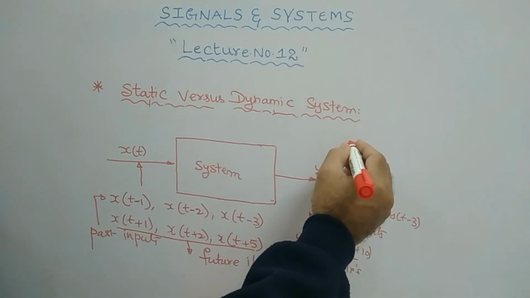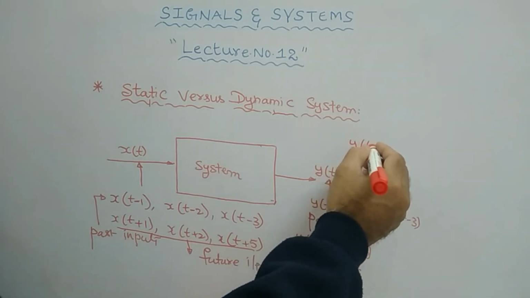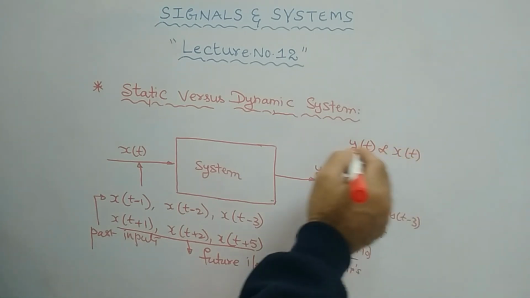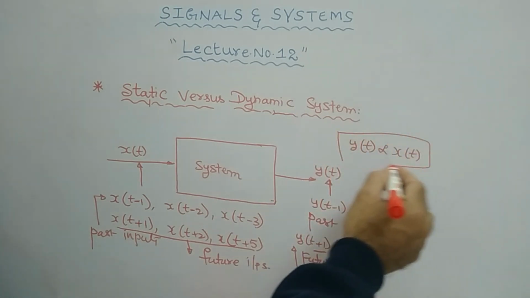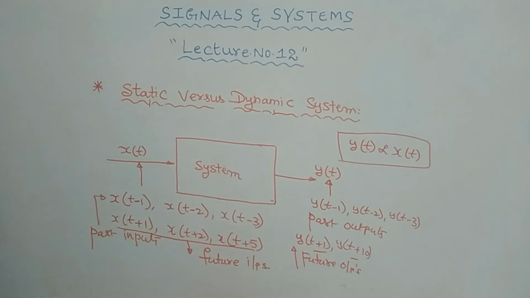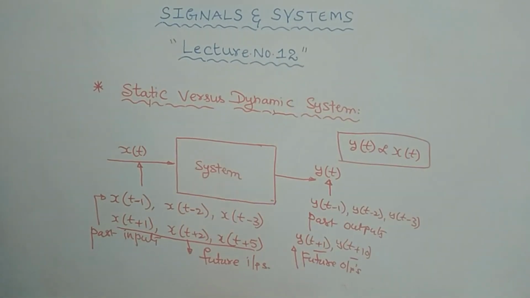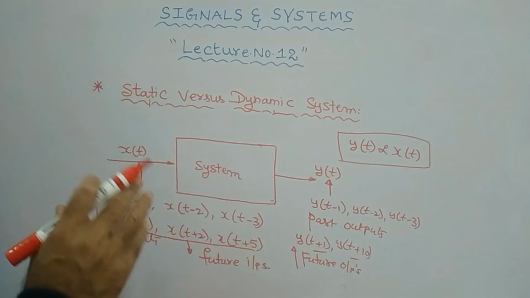Obviously y of t is directly proportional to x of t. In general, it means present output and present input, not past input and future input. There should not be any t minus 1 values or t plus 1 values. This is the condition.